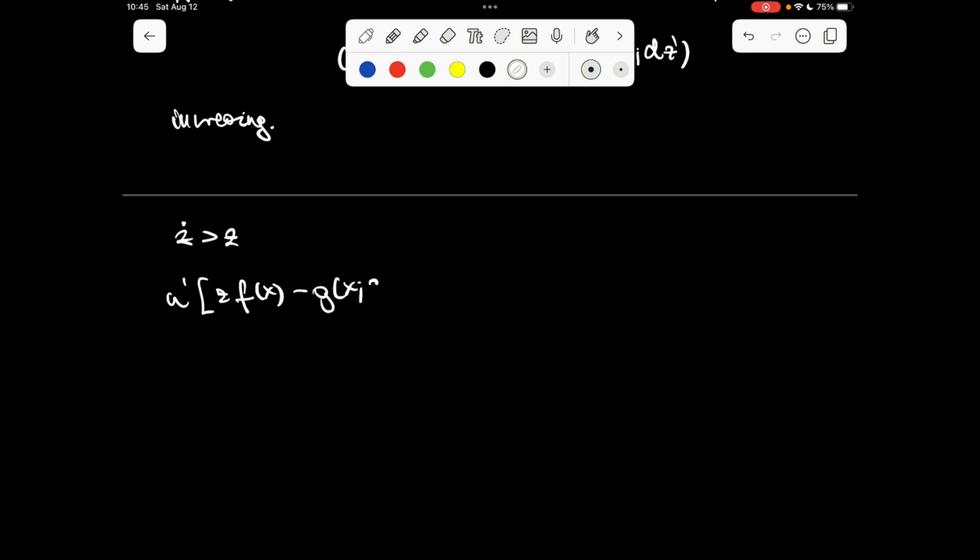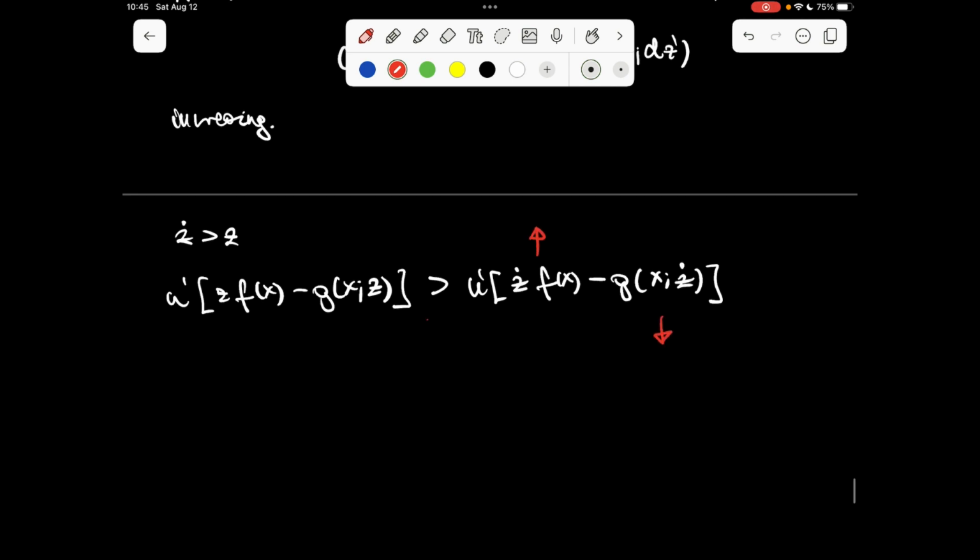We have the policy function, and we assume that g is strictly decreasing in z, just like previously. So this is the reason why this relation holds.